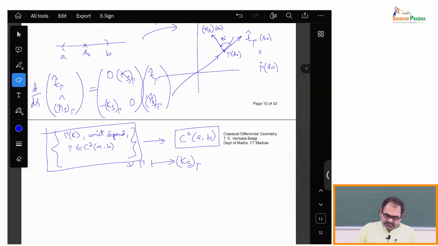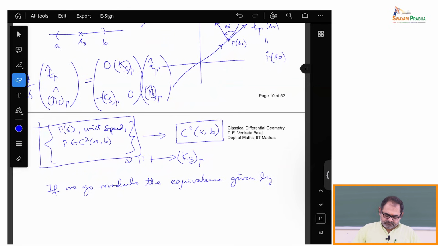So there are several statements we have to prove. If we go modulo the equivalence given by rigid motions of R2, this is very, very important on the LHS.